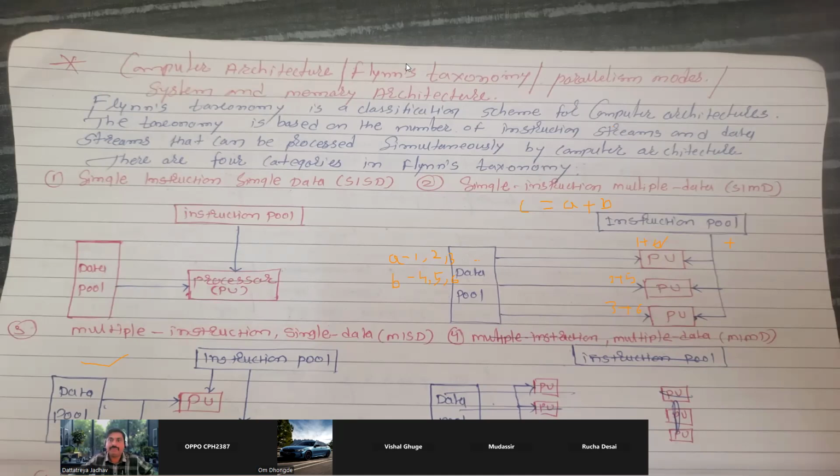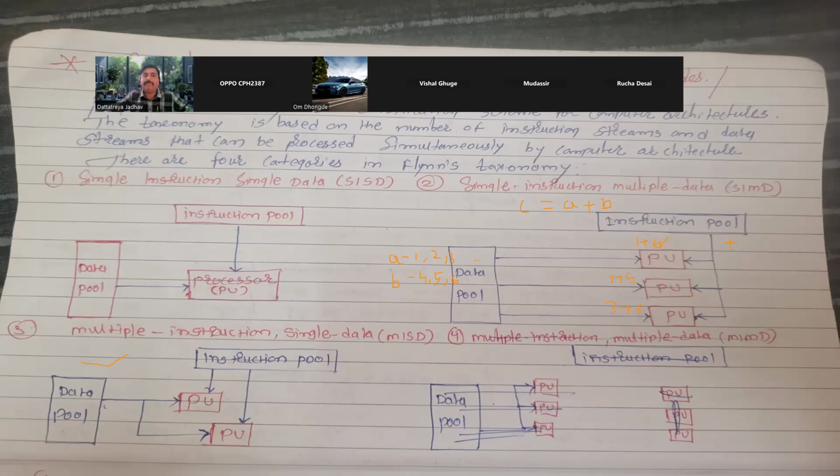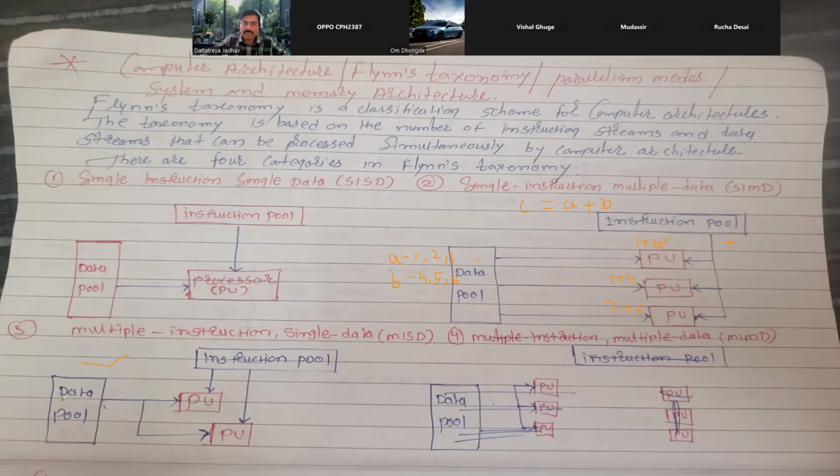Moving on, the second thing is multiple instruction, single data. Only a single data, but multiple instructions will work on that one. Just look here, the data is the same. The value of A will be 1 and B will be, suppose, 2.